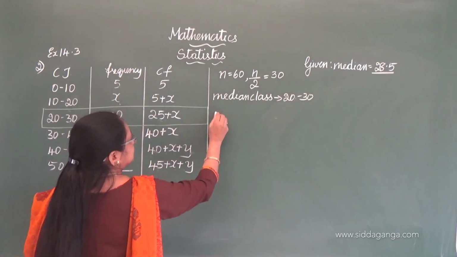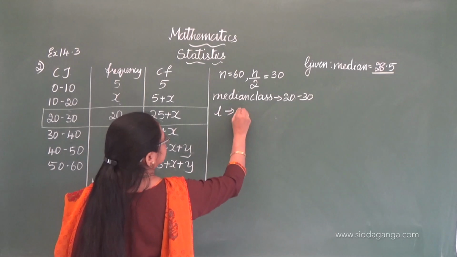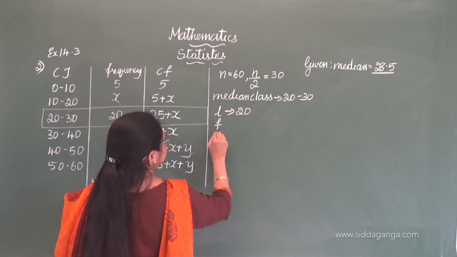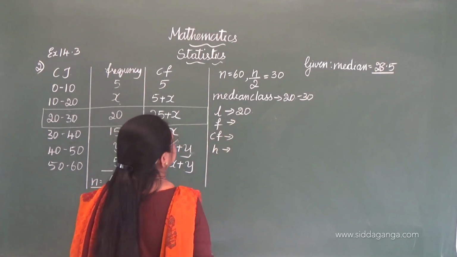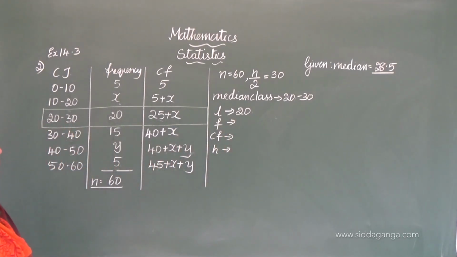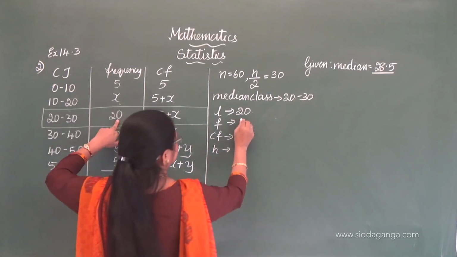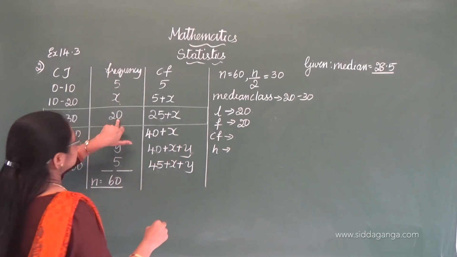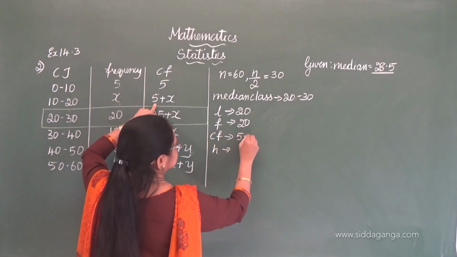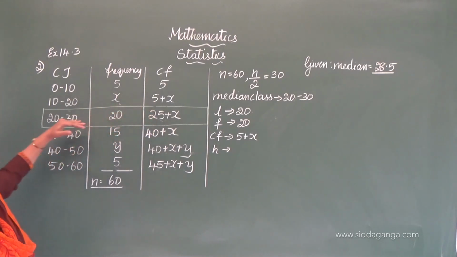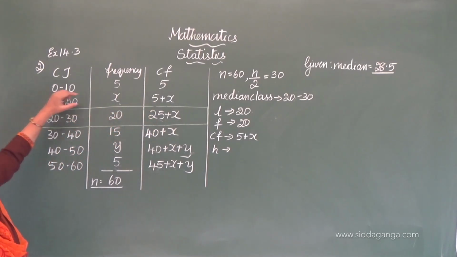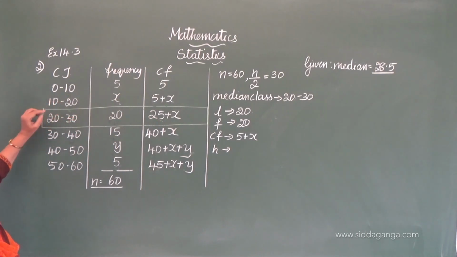Now L, what is L? Lower limit 20, and then F, CF and H. So frequency is 20, cumulative frequency is 5 plus x. See here 5 plus x is the cumulative frequency of the class preceding the median class.